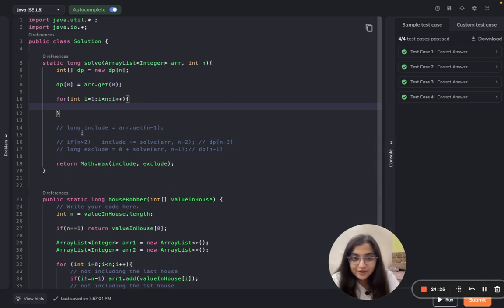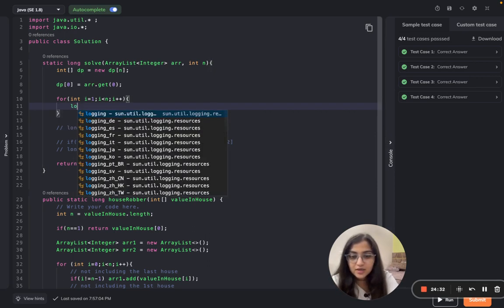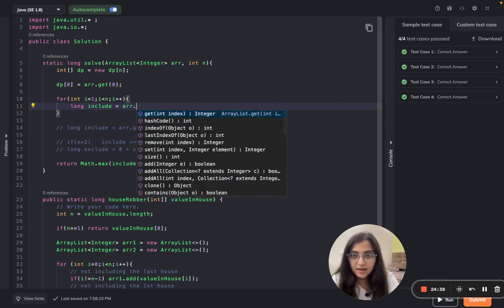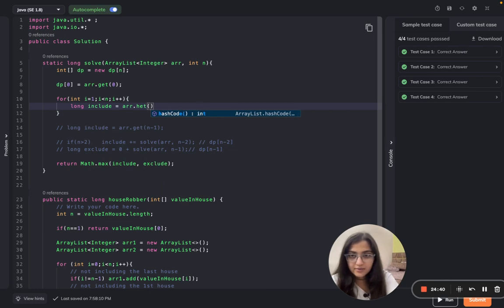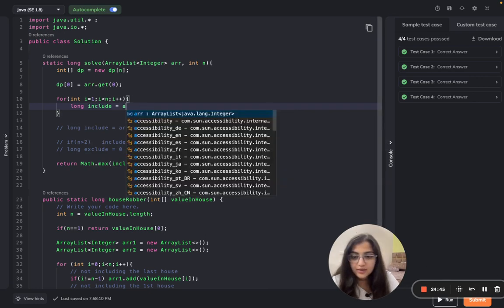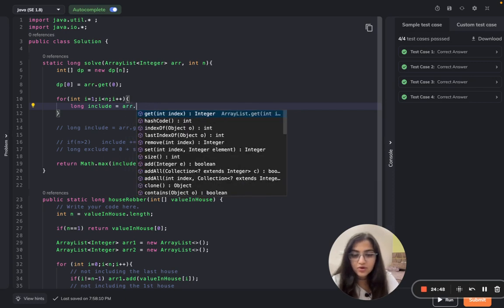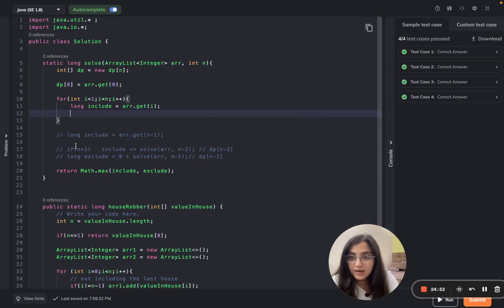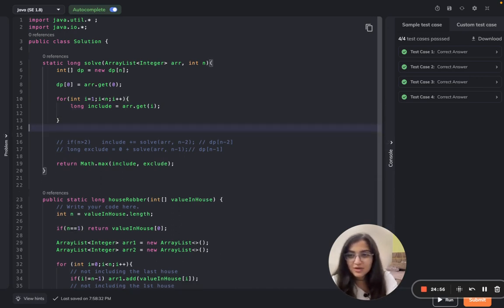So the very first thing that we need to change is the include. Here include will be equal to array.get(i), array dot get at the ith position. Okay, and this line is changed. This will be a very similar line.